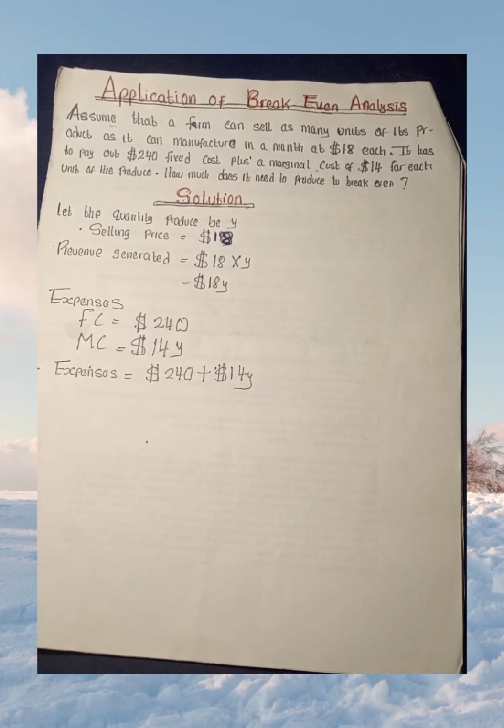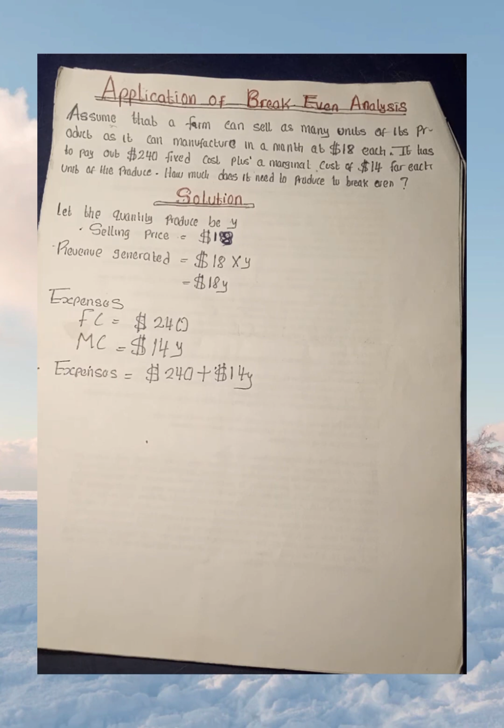Now don't forget what I called our break even. The farm will be able to break even if the revenue generated from producing the produce is equal to the cost of producing that product, and the cost of producing this product in our question is the expenses made as a result of the production.